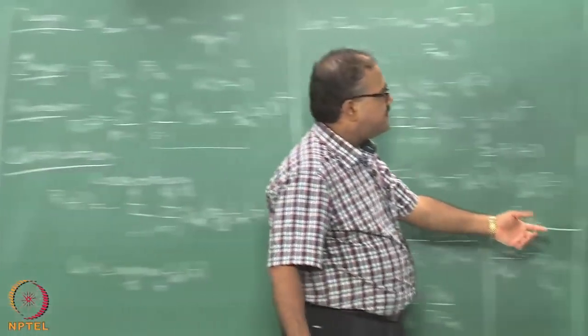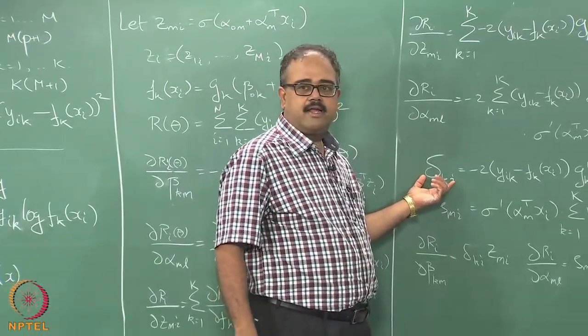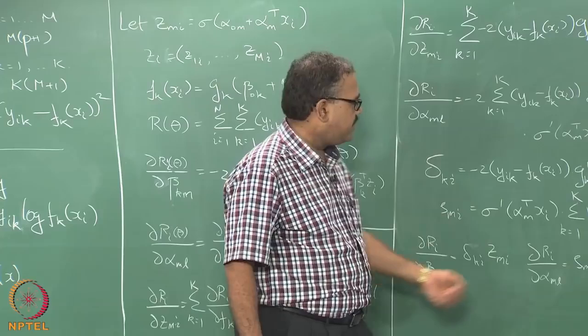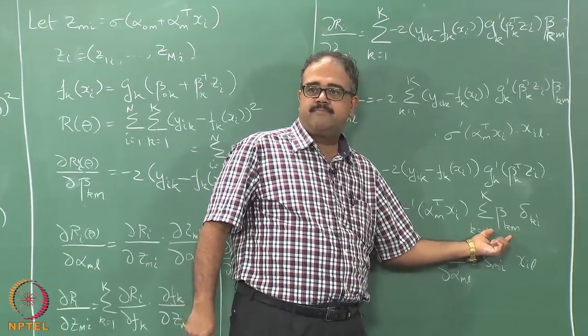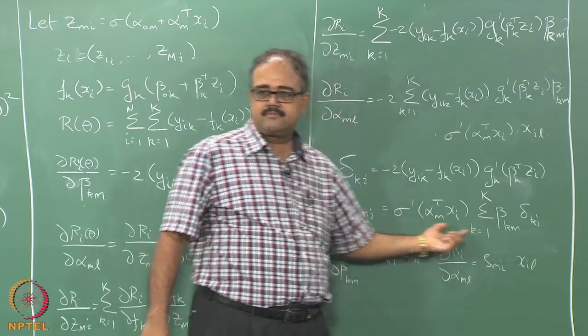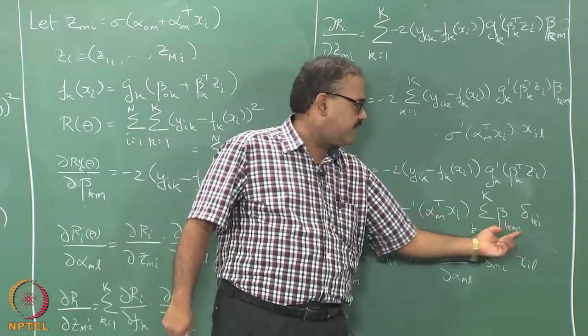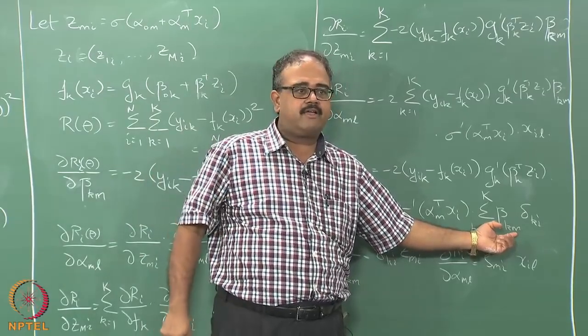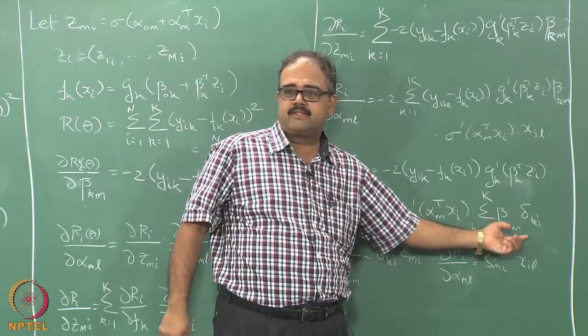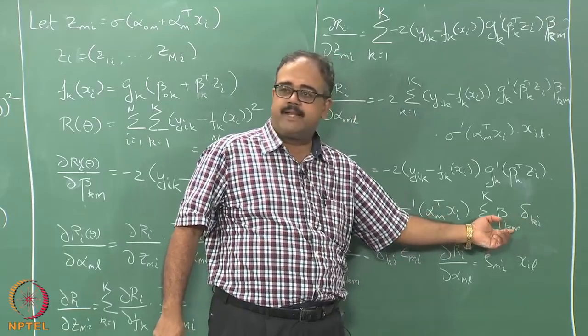But when you are updating the gradients, what you are doing is first you are computing the deltas, right, and then you are propagating the deltas back through the weights betas, right. So essentially what you are doing is delta times beta, right. Like when you are going forward you do x times alpha and z times beta, right. So here likewise you are doing something like delta times beta, right.